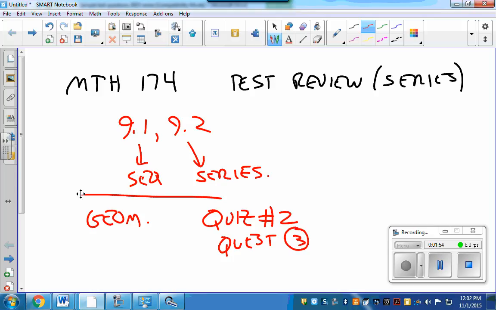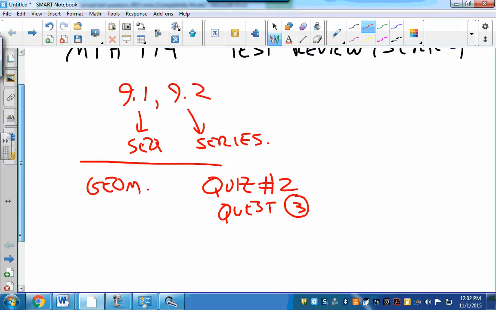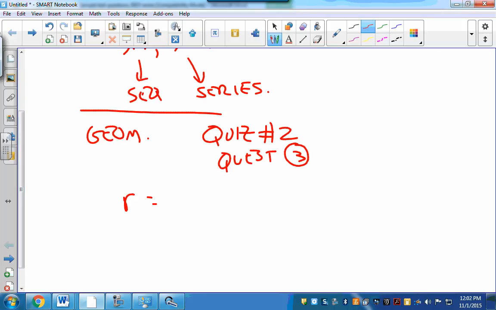Now, it was nice because it had a negative common ratio, R, I think negative 2/3. And certainly you're going to have to know the formula. I'm not going to give it to you, although it is on your table of convergence for typical series. But you should know this by now, that the sum of a convergent geometric series is A over 1 minus R.